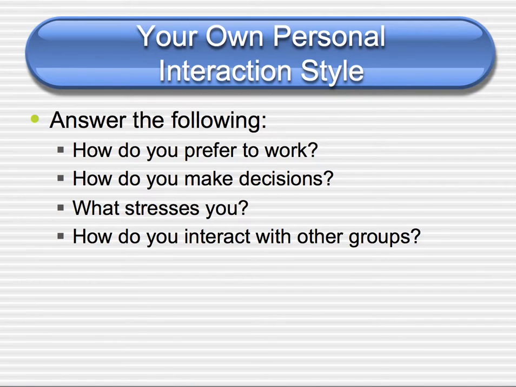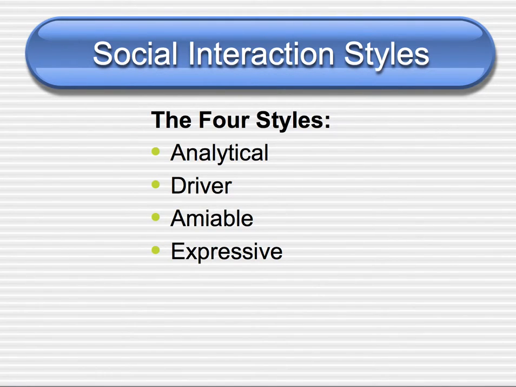How do you make decisions? What stresses you? And how do you interact with other groups? The four styles are analytical, driver, amiable, and expressive. Again, you may be primarily analytical, but you may have elements of driver, amiable, and expressive as well. Or you may be more amiable and have elements of the others.